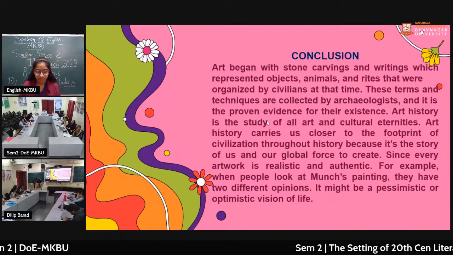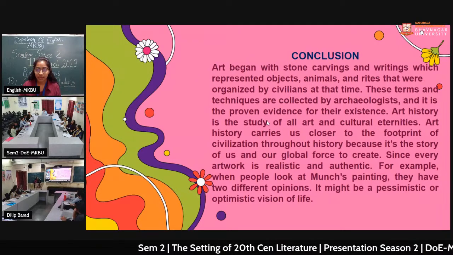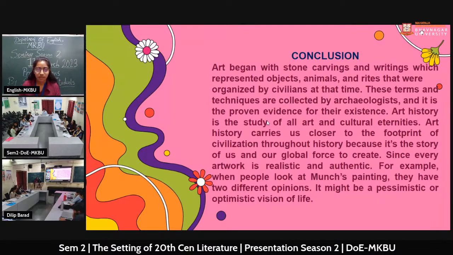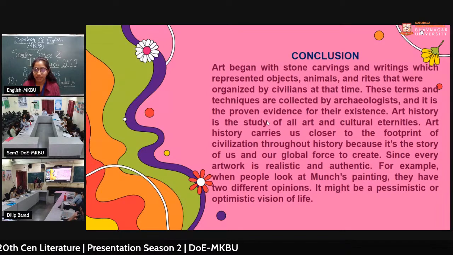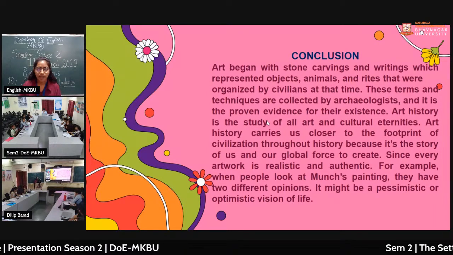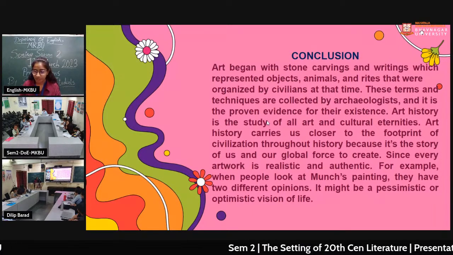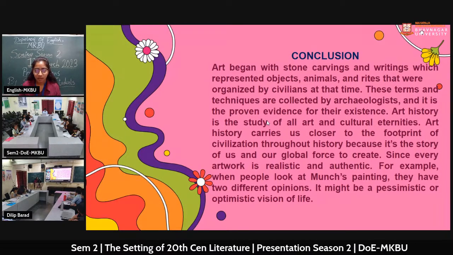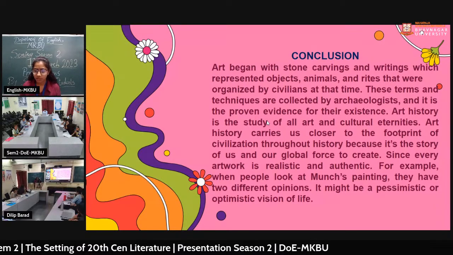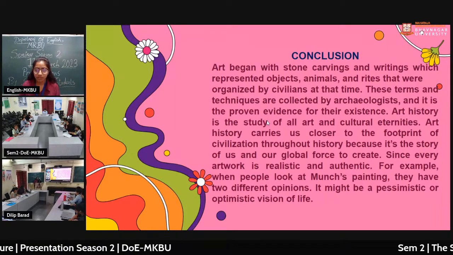Then conclusion. We know that art began with stone carvings and writings which represented objects, animals, and rites that were organized by civilizations at that time. Those items and techniques are collected by archaeologists, and it is the proven evidence for their existence.